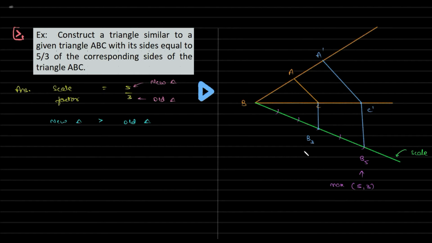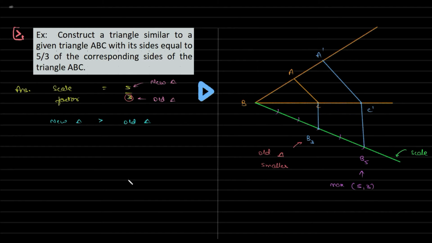Can you see that? Right? Please understand this logic. The old triangle is smaller and the smaller value is 3, right? You can see that the new triangle is 5 by 3rd of the old triangle, right? So this is how we have to construct.